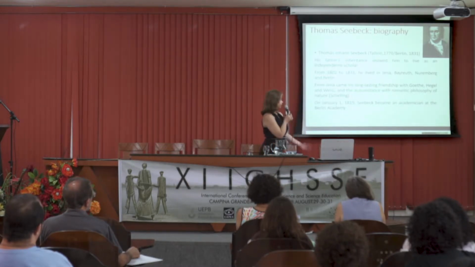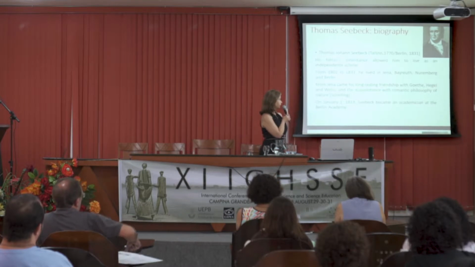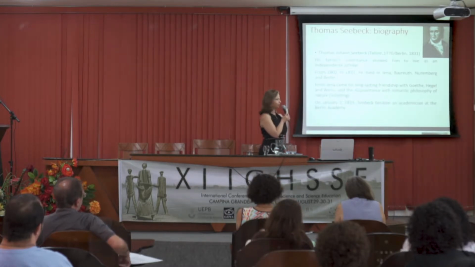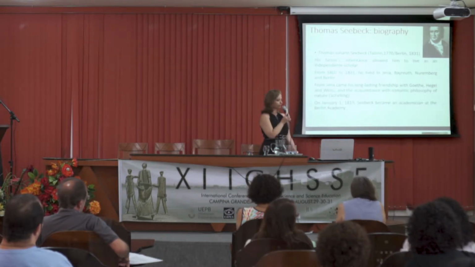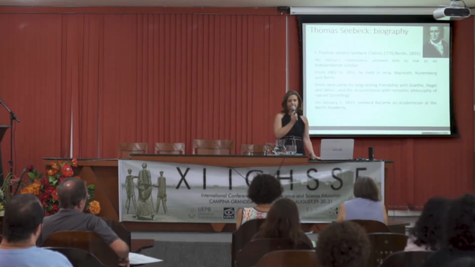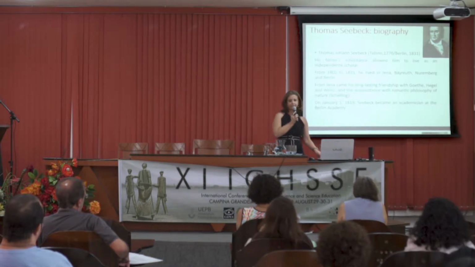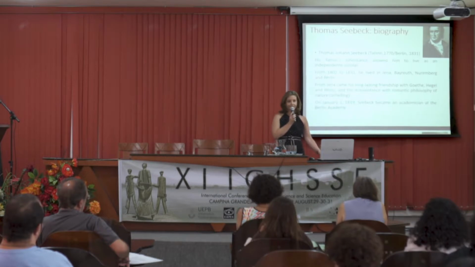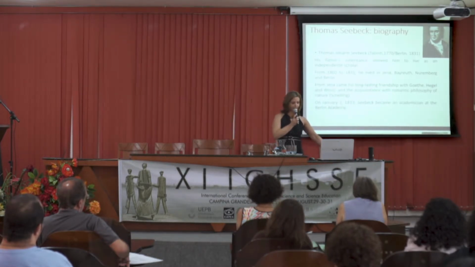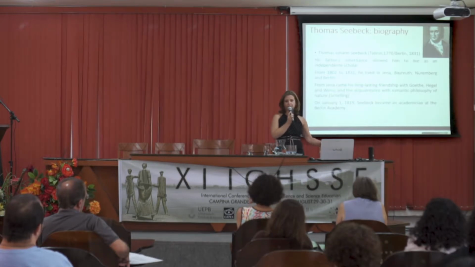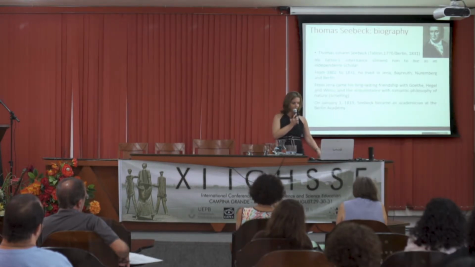From 1802 to 1831 he lived in Jena, Bayreuth, Nuremberg and Berlin. And from Jena he got in contact with Goethe, Hegel and Weiss. Goethe the writer, Hegel the philosopher, and Weiss the mineralogist. These three characters were important for Seebeck's work.